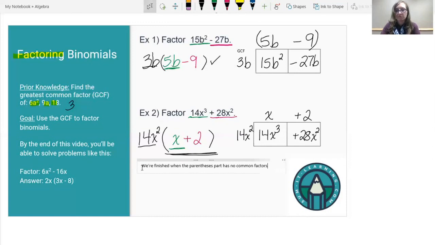And of course, we need nothing other than 1. So x plus 2, we knew we were done, and then the previous one, 5b minus 9, well, there's nothing other than 1 that goes into 5 and 9. So that is how to factor binomials.